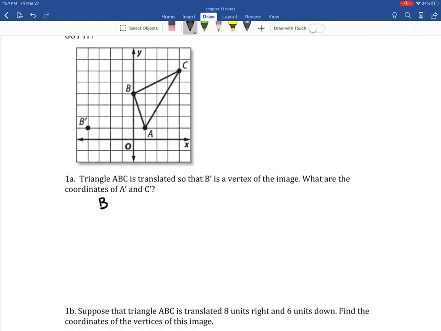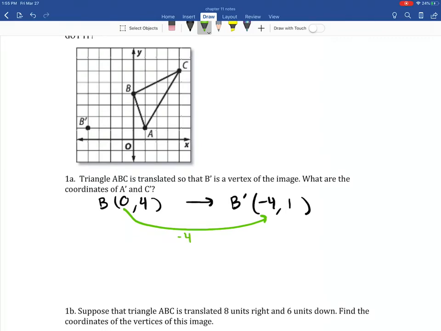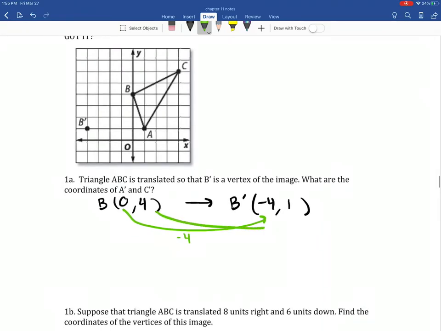So let's look at how B changed. Well, B was at 0, 4. And it became B prime. B prime is at negative 4, 1. So what happened? Well, from 0 to negative 4, I subtracted 4.